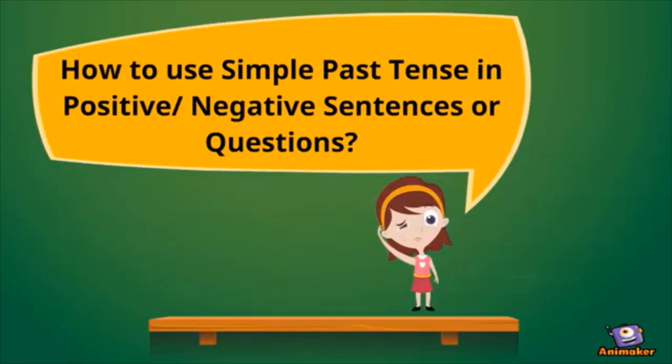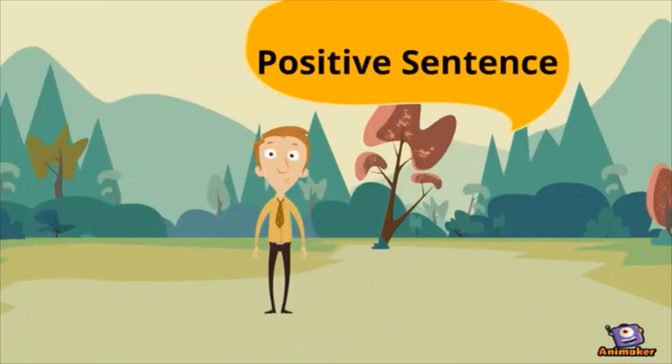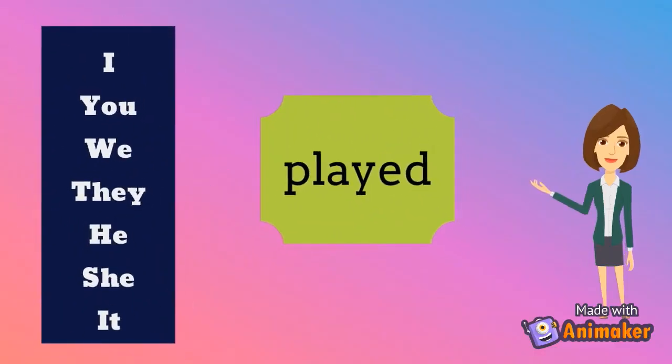How to use simple past tense in positive sentences, in negative sentences, or in questions. Positive sentence. To form a positive sentence, all you have to do is put the verb in simple past tense form right after the subject.